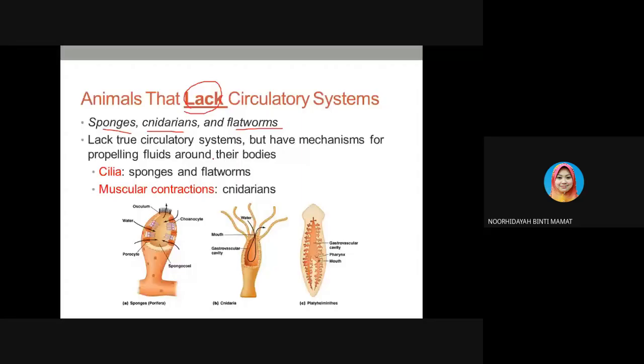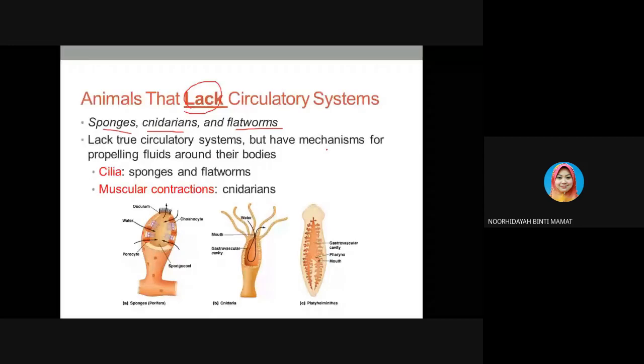So we move to the diversity of circulatory systems. The first one is the animals that lack circulatory systems, for example sponges, the cnidarians, and also the flatworms. They lack a true circulatory system, but they have other mechanisms for propelling the fluids around their bodies.